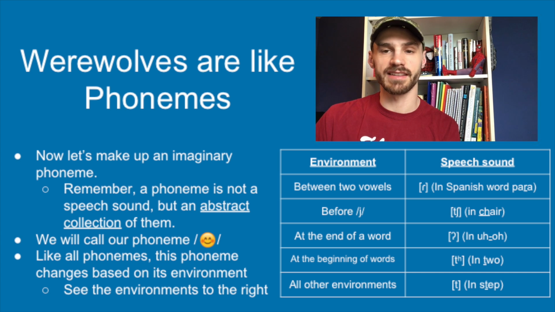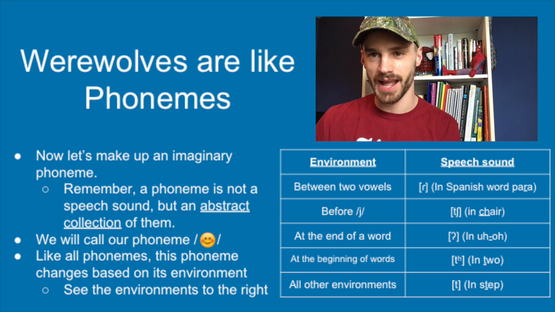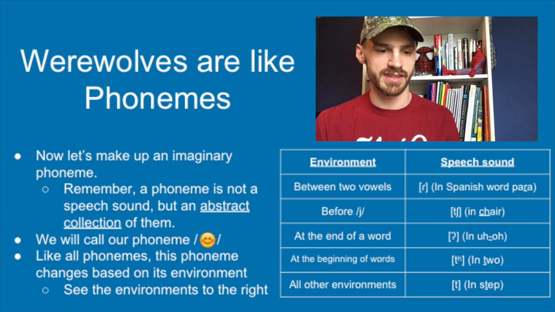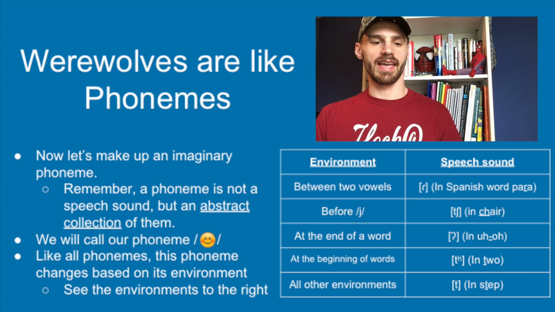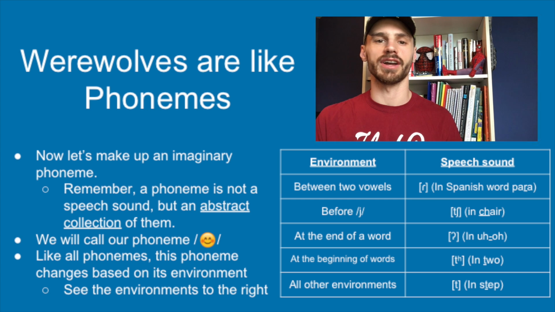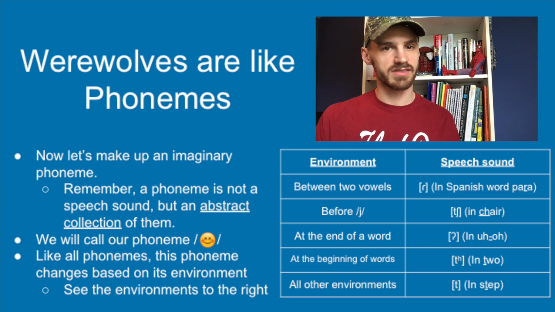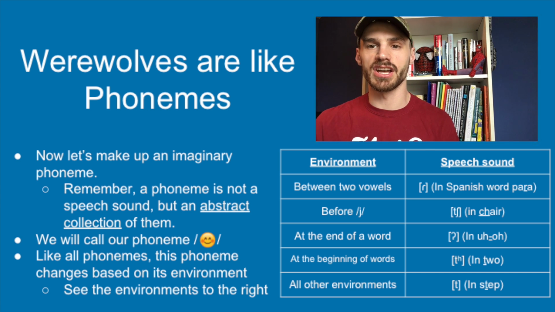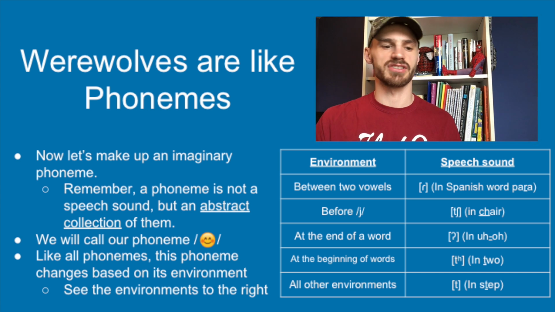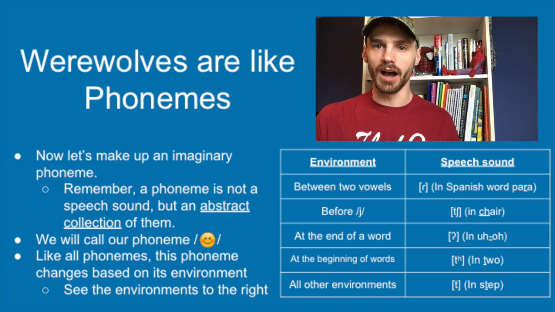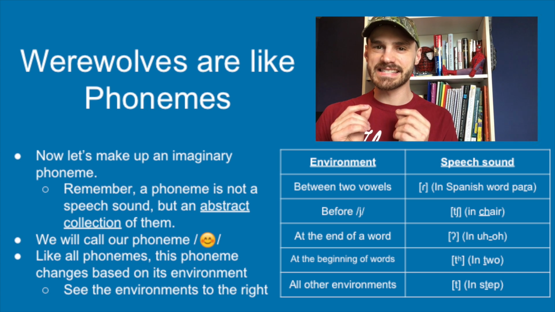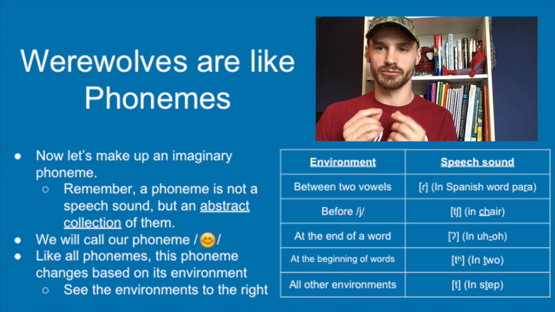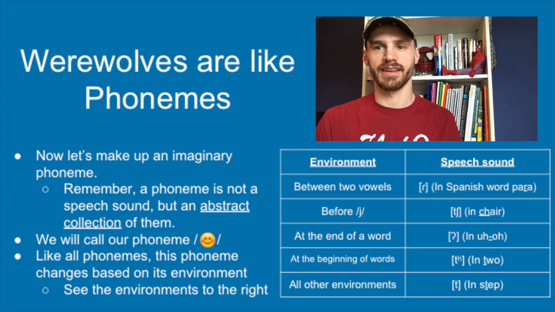When it takes place at the end of the word, it will turn into the sound that we call a glottal stop. And the IPA symbol for this sound kind of looks like a question mark, but we call it a glottal stop. And we don't actually have this as a phoneme in English, but it does occur in speech in words like, if you were to say uh-oh, then that sudden stop of air in between the vowels is your glottal stop.